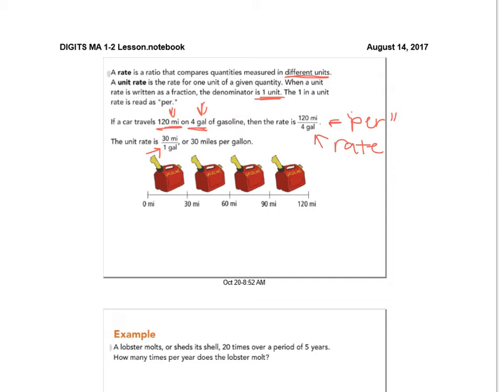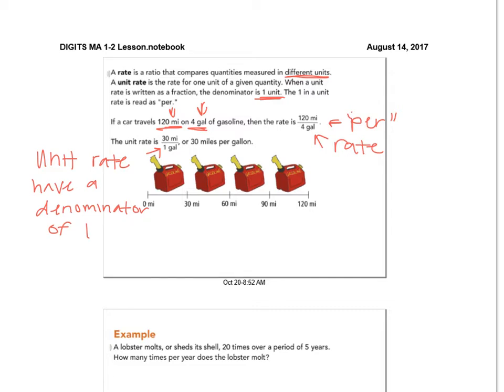So if you need to write that down, say that a unit rate will always have a denominator of 1. So a unit rate, in this example, we travel 30 miles in 1 gallon, or per 1 gallon.